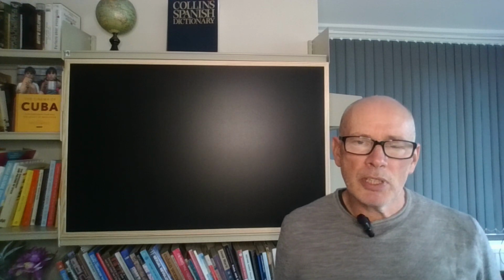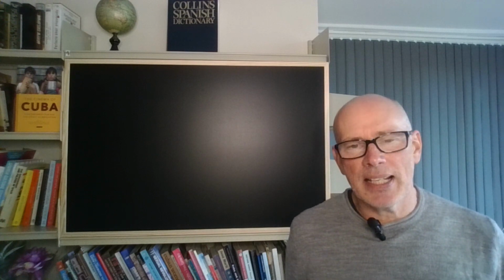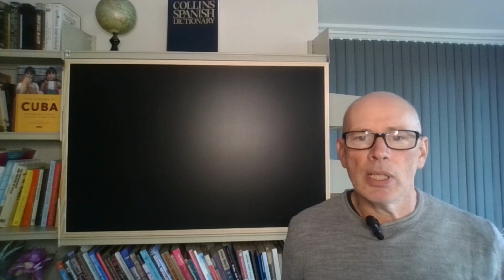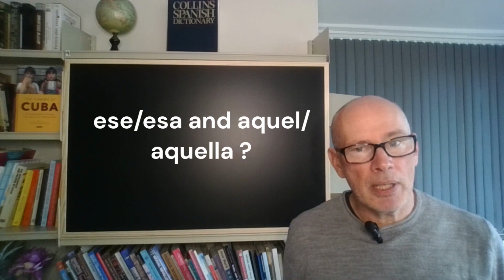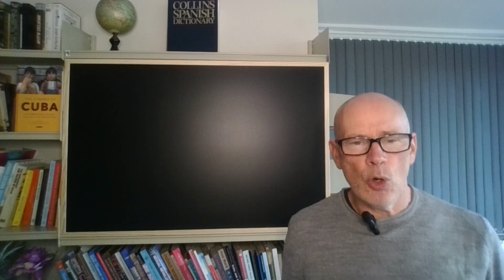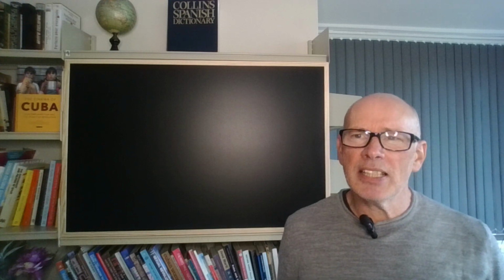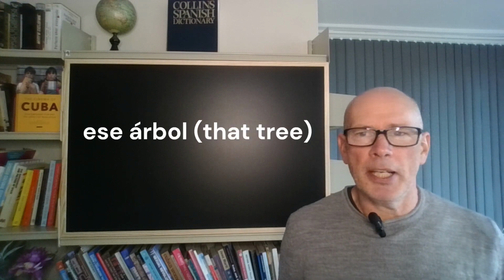So, what about the difference between the use of este or esta and aquel and aquella? Well, it's all about distance, both in time and in space. You can always use ese or esa to refer to something in the distance. For example, ese árbol, that tree.